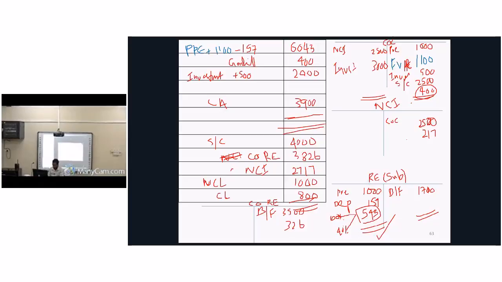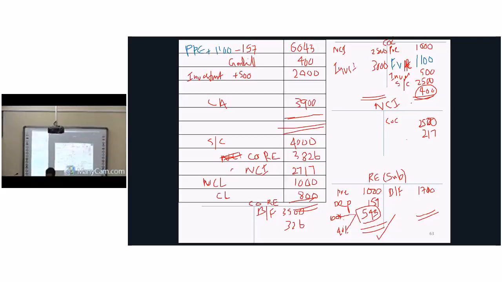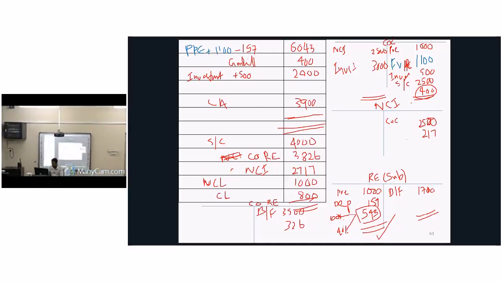Let's see. Balance in figure will be 12,343.